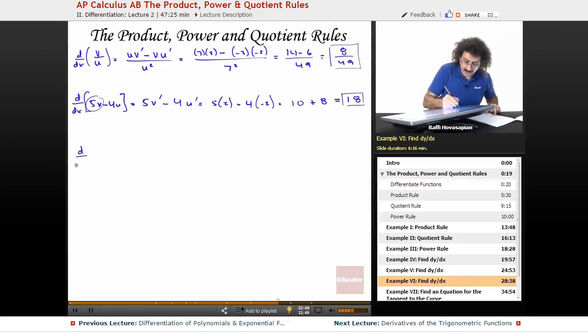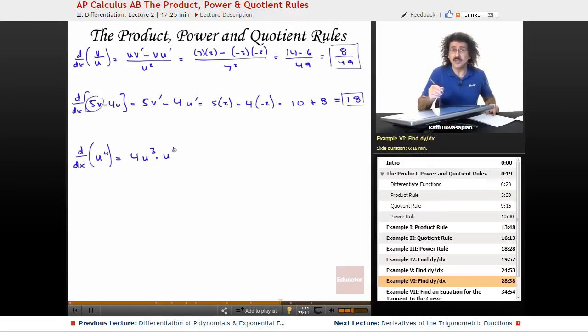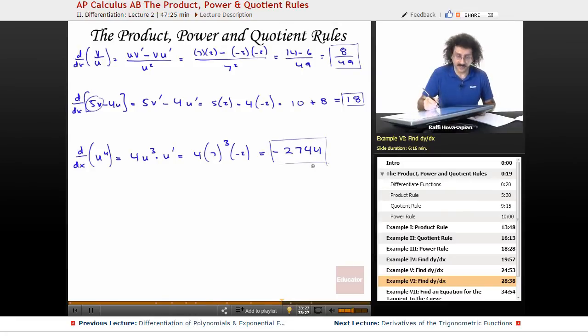And then almost the final one, sorry about that, d dx of u to the 4th power. U is a function of x. It's equal to 4 times u cubed times du dx, which is u prime. So we have 4 times 7 cubed times minus 2. We end up with minus 2,744.